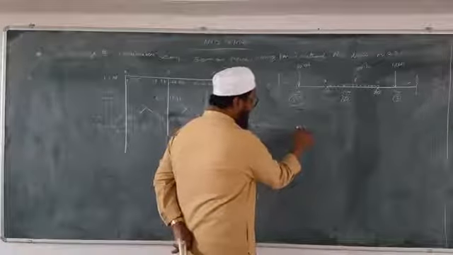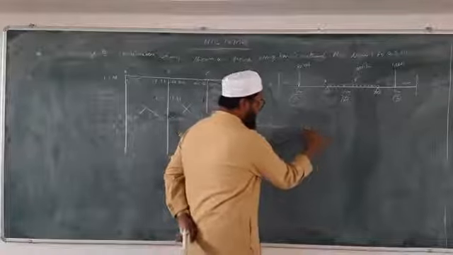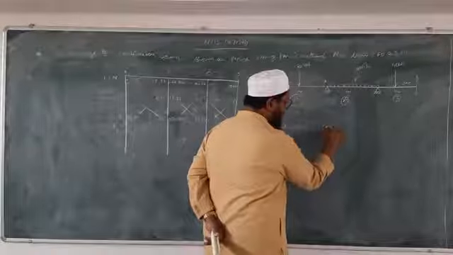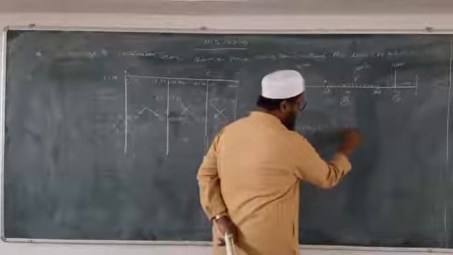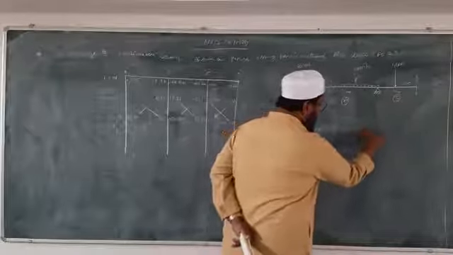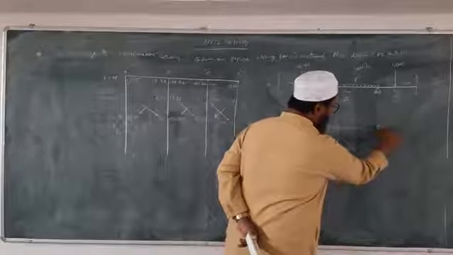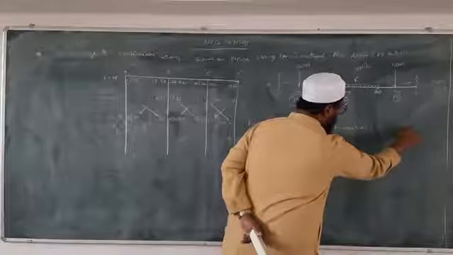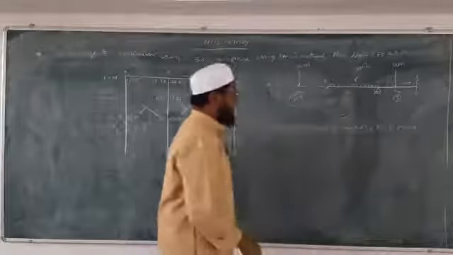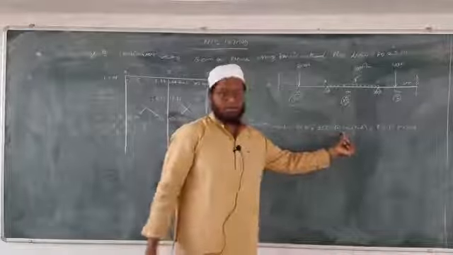So our final moment is equal to fixed end moment plus 2 into rotation contribution at near end plus rotation contribution at far end. Okay, this 2 is multiplied only for near end.